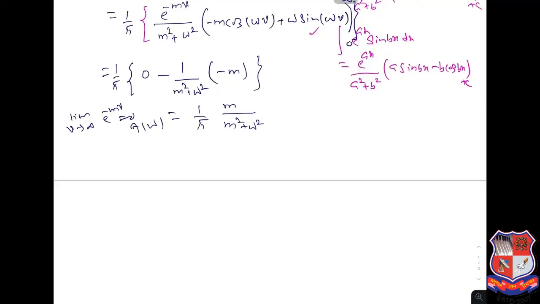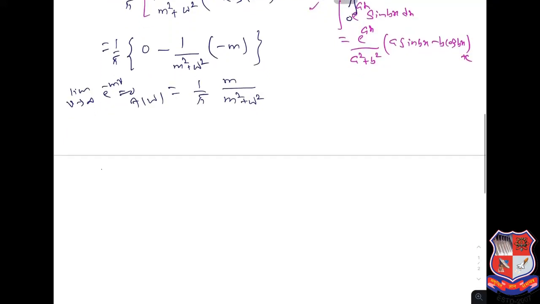We find b(ω). b(ω) equals 1 over π integration minus infinity to infinity f(v) sin ωv dv.